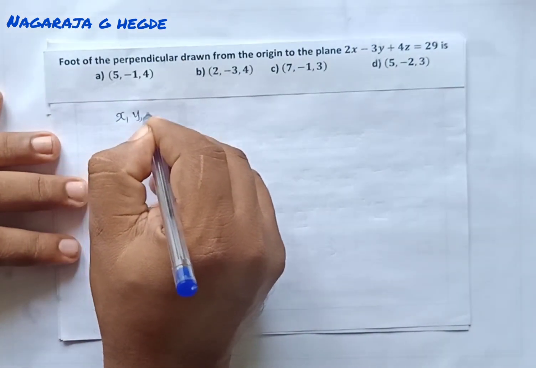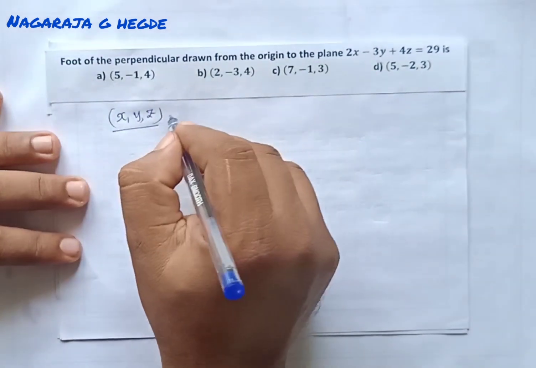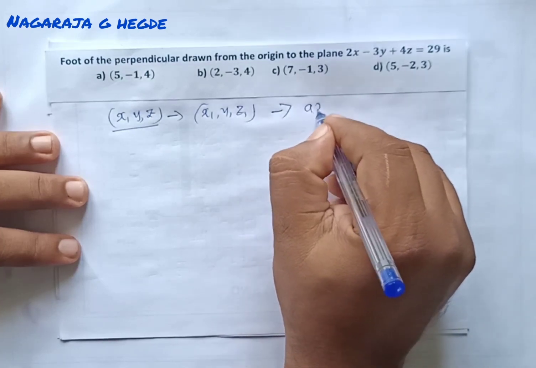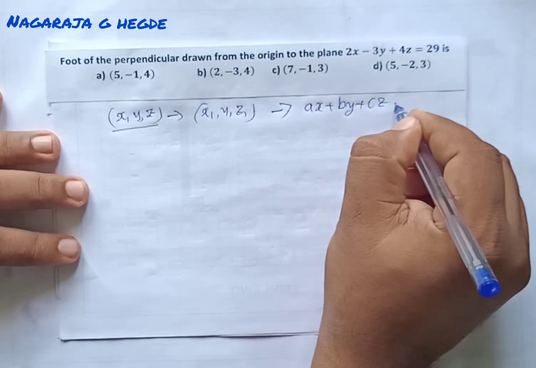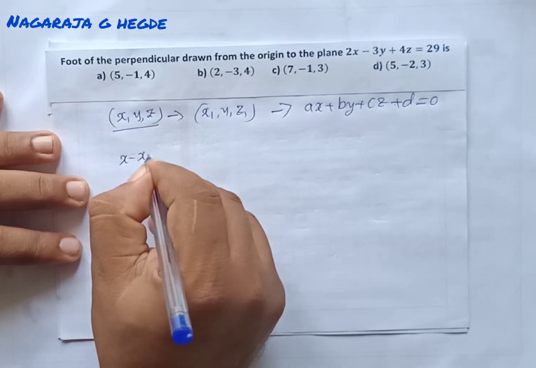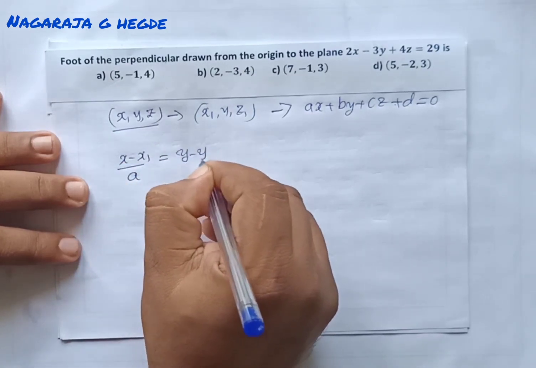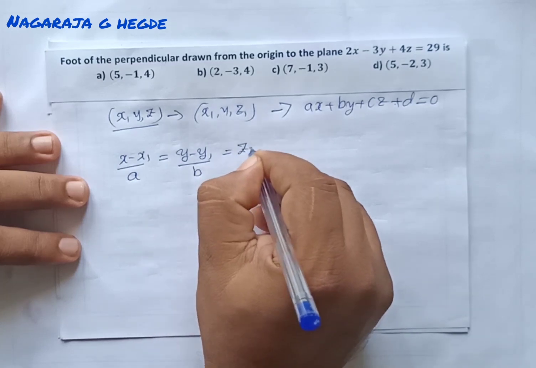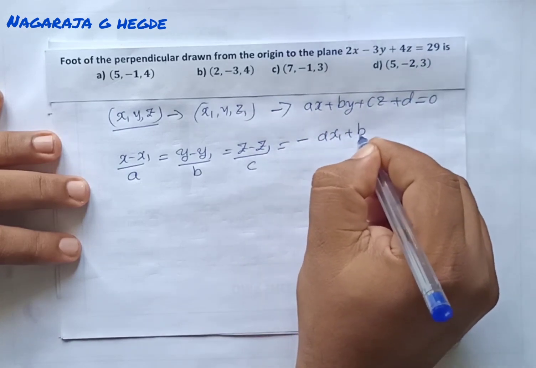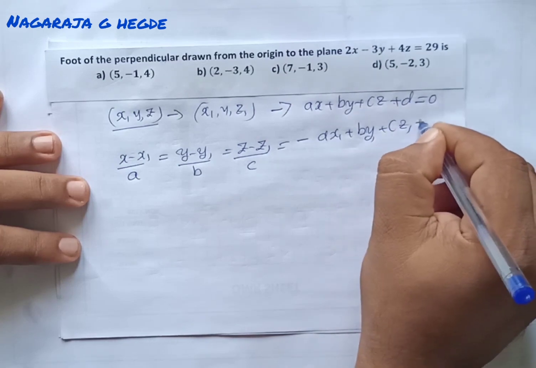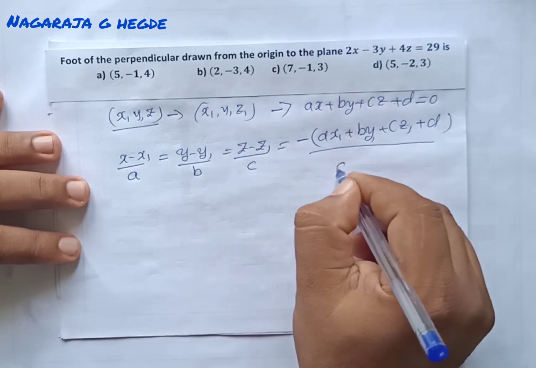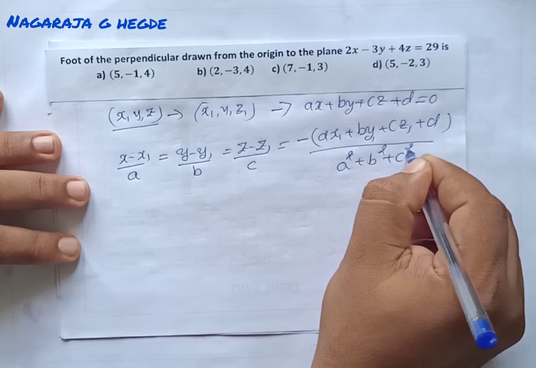If x, y, z is the foot of the perpendicular from the point x1, y1, z1 to the plane ax plus by plus cz plus d equal to 0, then x minus x1 divided by a equal to y minus y1 divided by b equal to z minus z1 divided by c equal to minus of ax1 plus by1 plus cz1 plus d divided by a square plus b square plus c square.